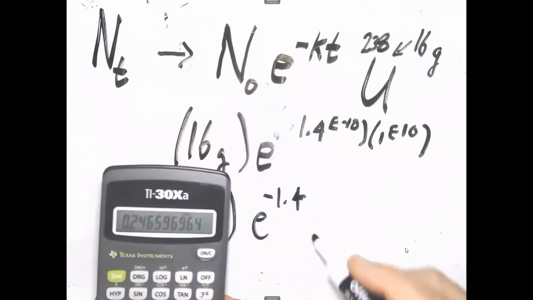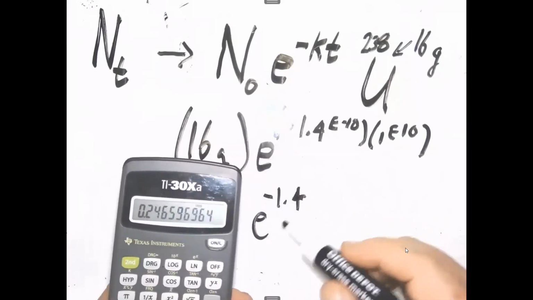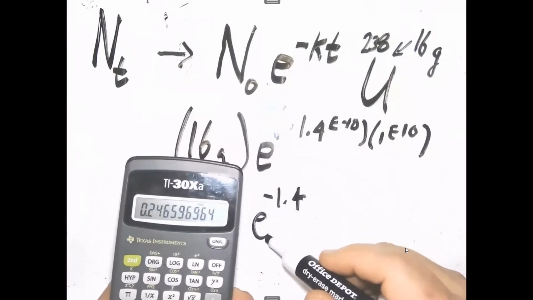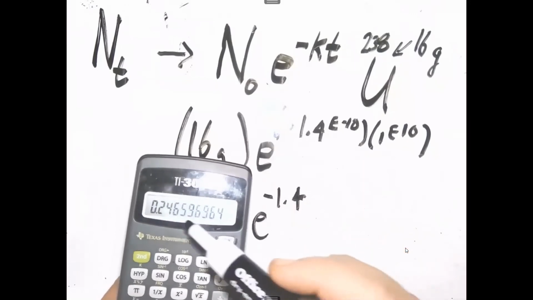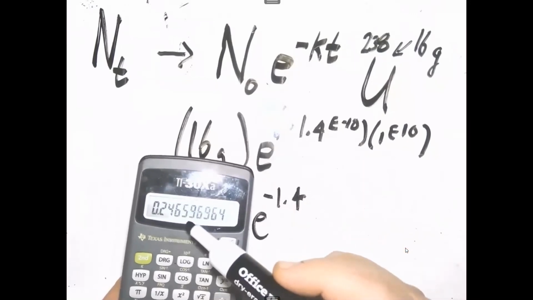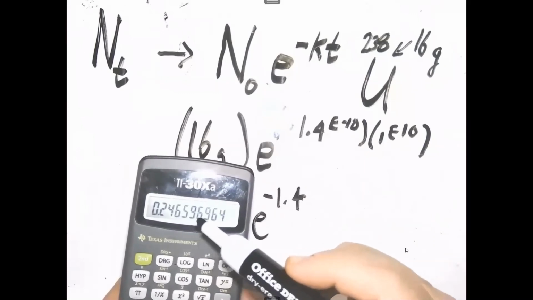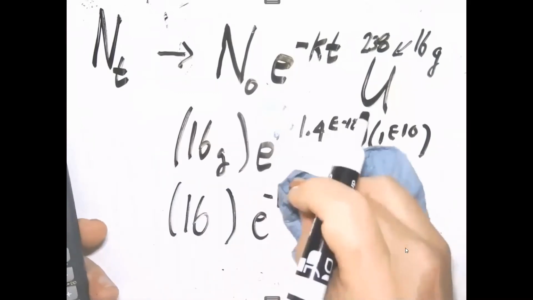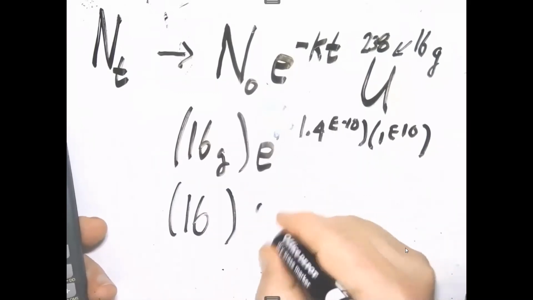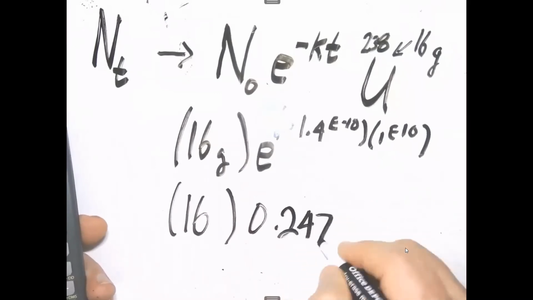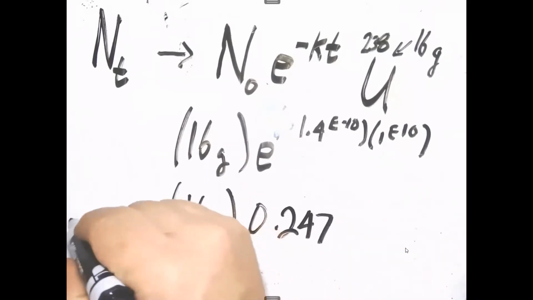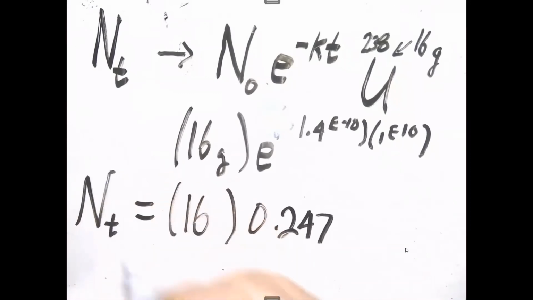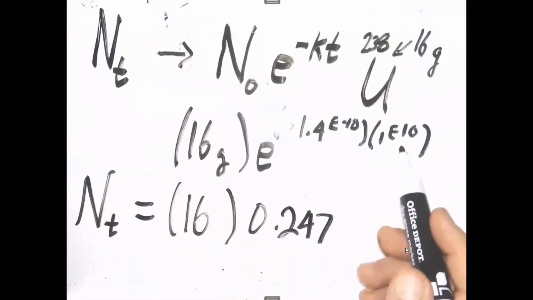When we take that number, negative 1.4, and we raise the constant e to that power, it becomes 0.246. I'll round it upwards because we got a 5 now. We'll call it 0.247. So this is now just 0.247 times 16. And that's going to tell us how much we're going to have in grams after 10 billion years.